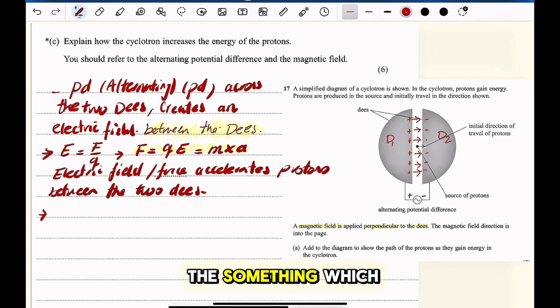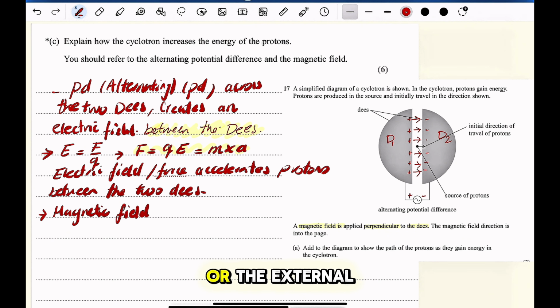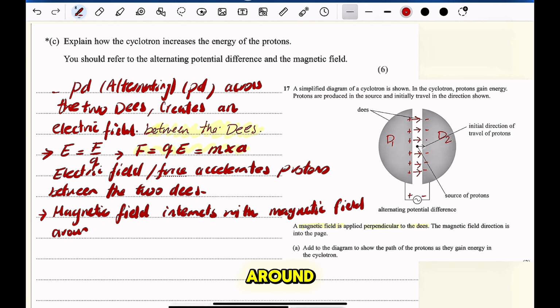Here is something which is hidden. Once you have a moving charge, whether proton or electron, this charge is accompanied by a magnetic field, and this magnetic field will interact with the external magnetic field, which is already perpendicular to the 2 Ds, as highlighted before. Here is the concept: the external magnetic field will interact with the magnetic field around the accelerated proton.